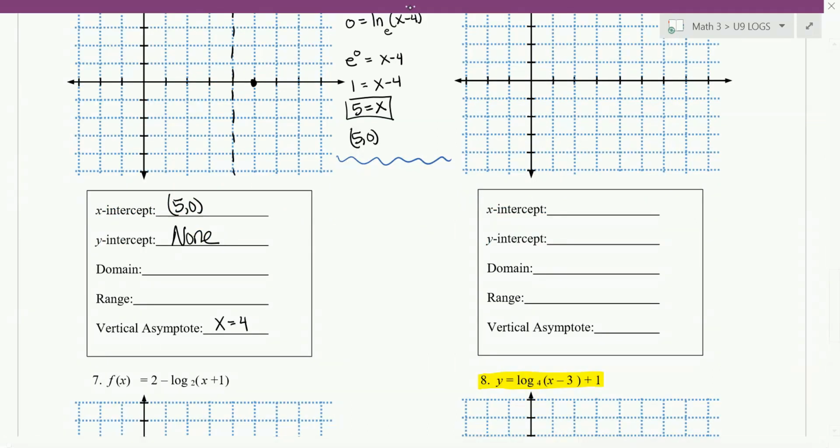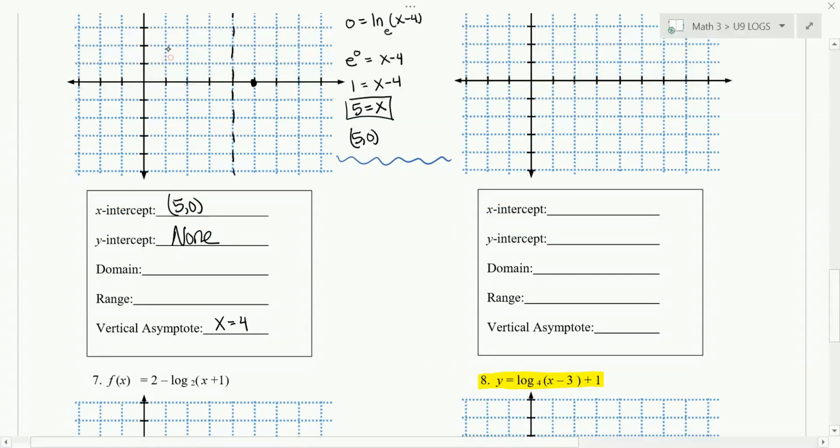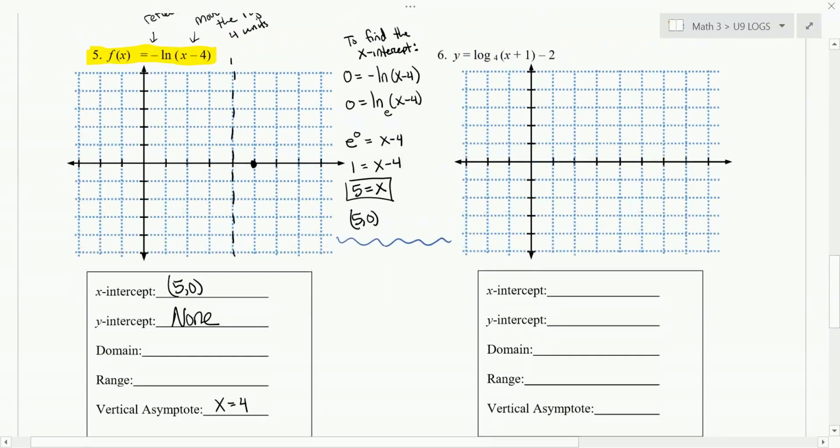Next, I'm going to look for a couple of points. I'm going to ask, if y equals 1, what's x? So I'm going to plug in 1 for y.